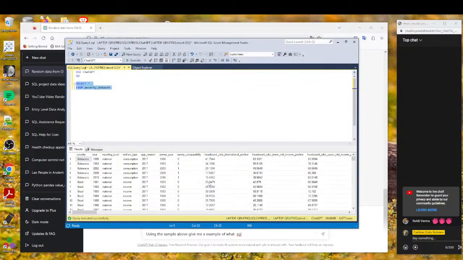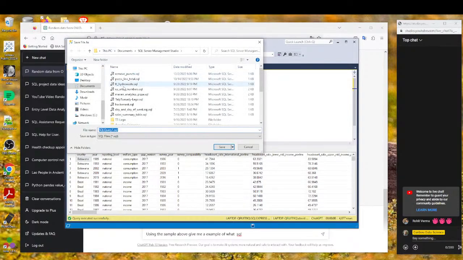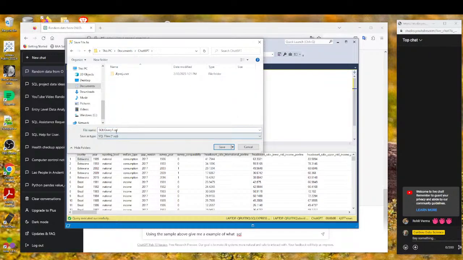Over here you can see this. This is going to be kind of nasty because we do have a lot of columns to try to fix here. And let's save this. Documents, ChatGPT.